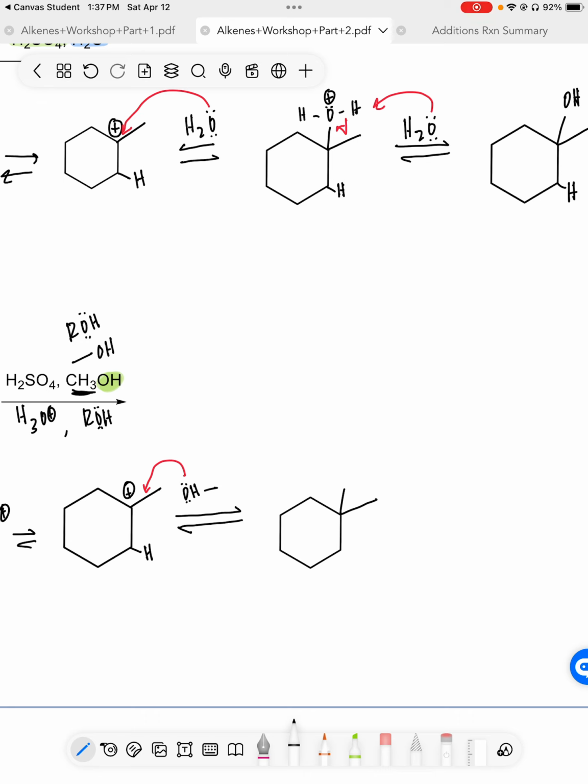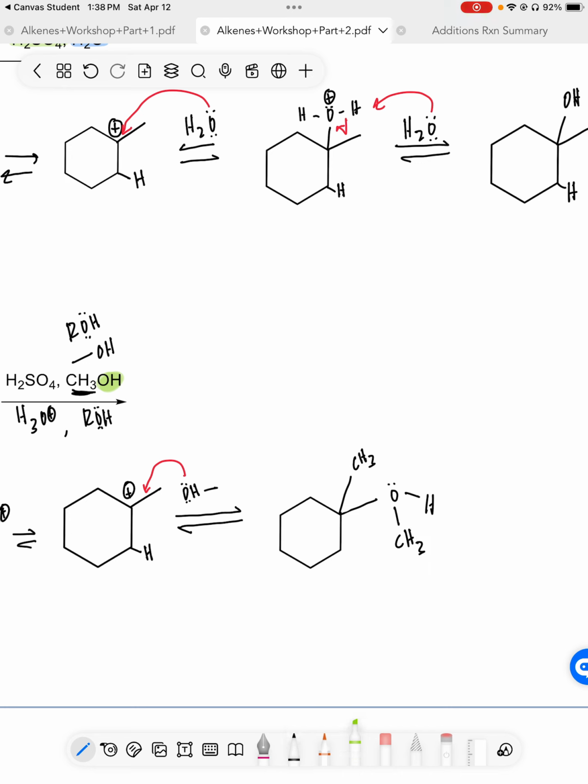So let's draw it. This will be our methyl group that was there already, just kind of moved up, and we're going to add then the alcohol here. So we have the O, the H, and actually we'll draw our CH3 down here.